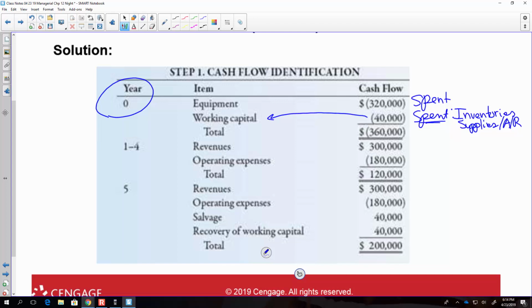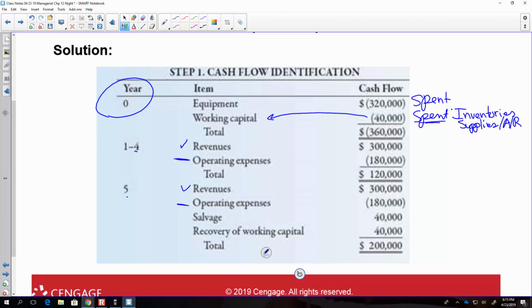That's in the paragraph. Now, in years 1 through 5, I'm getting $300,000 of cash in per year for 5 years. Also, I'm paying out 180 every year for 5 years. So remember, I'm selling for $300,000, but I've got materials, labor, and overhead that total 180. That's going out.